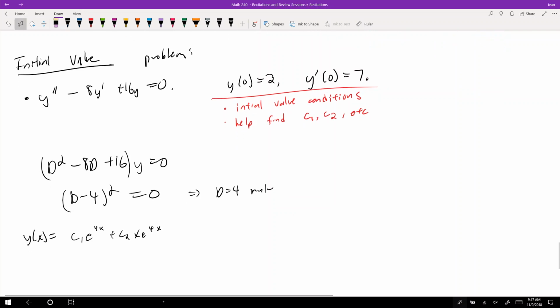Okay, so now what? After we have the general solution, we can use the initial value conditions to solve for our constants. So for example, y of 0 is equal to c1 e to the 0 plus c2 times 0 times e to the 0.